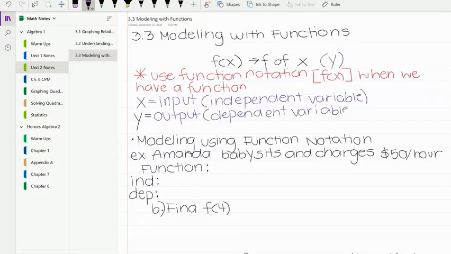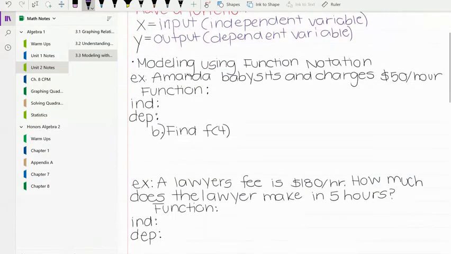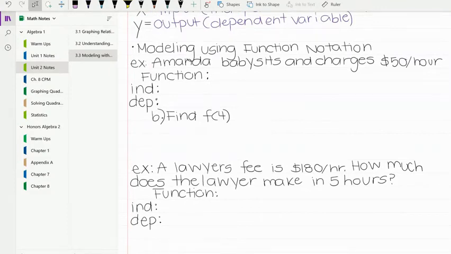So we're going to look at some modeling using function notation. The first problem we have: Amanda babysits and charges $50 per hour. The first thing we want to decide is what our function is, and I think we can all come up with it pretty easily.